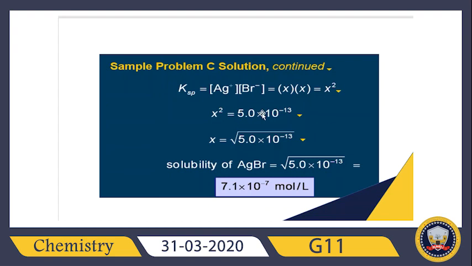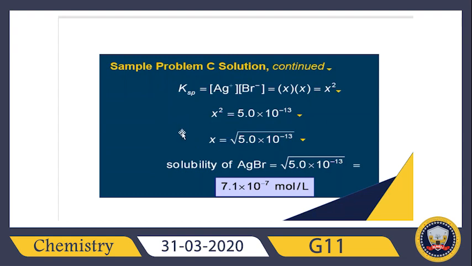We take the root of this value, so we can get X, and knowing X we will know the value of solubility. X, as we said, is the concentration of the silver and the bromide, and is equal to what? To 7.1 times 10 to negative 7.